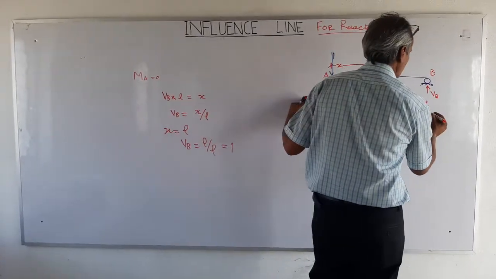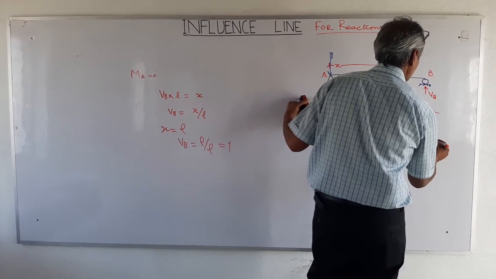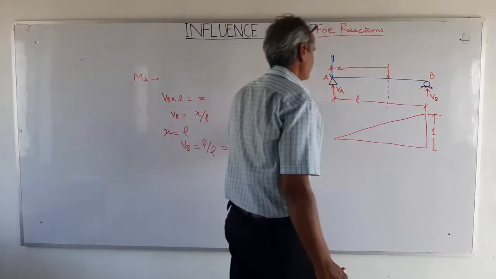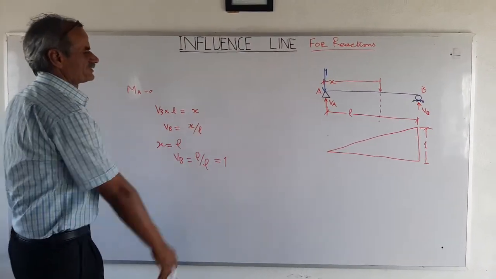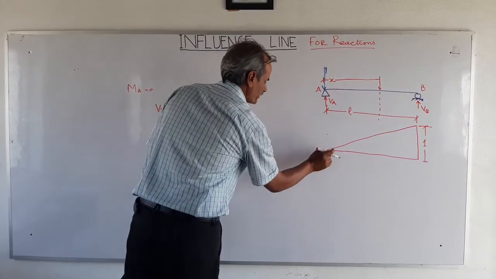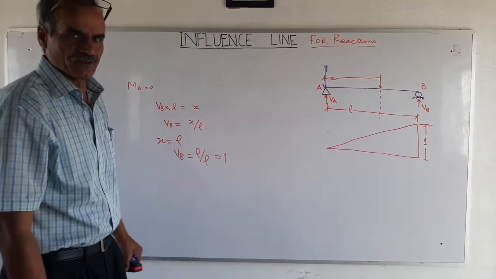This ordinate is 1. And when X is equal to 0, this expression will be 0, and we will be at A, and its value over A shall be 0.